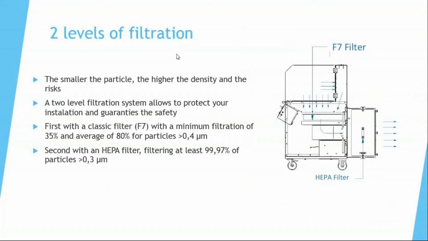The smaller the particles, the higher the density and the risk. That's the reason why the first filter, which is usually an F7 filter, allows you to filter on average 80% of the particles higher than 0.4 micrometers.